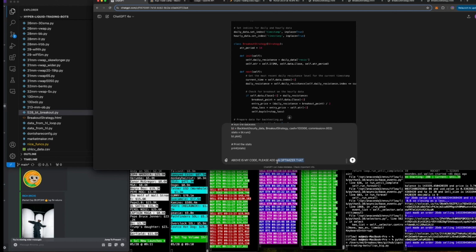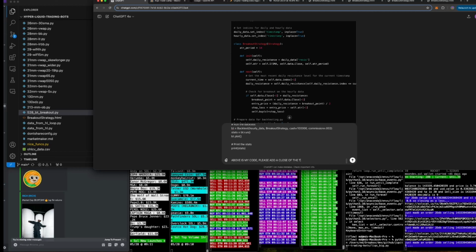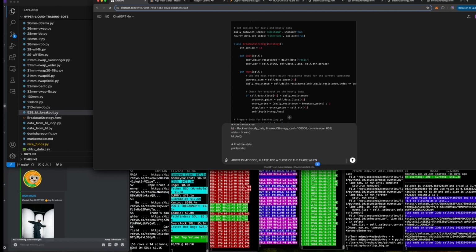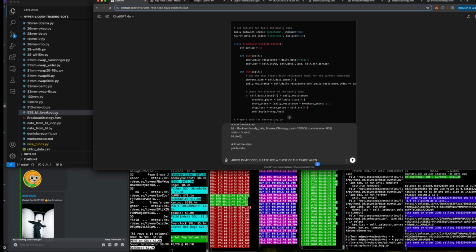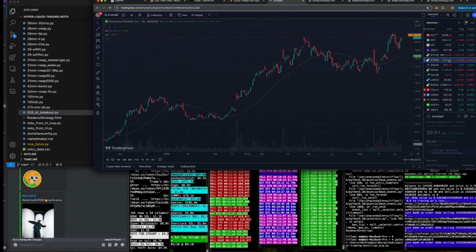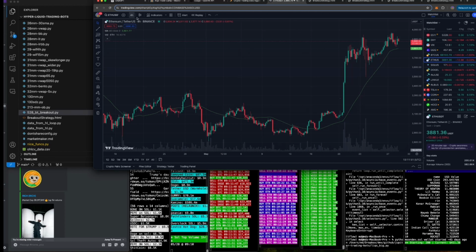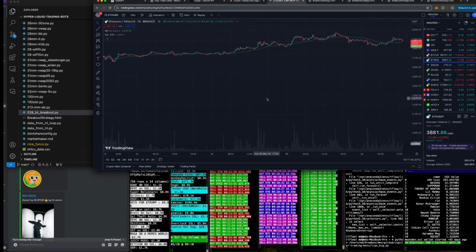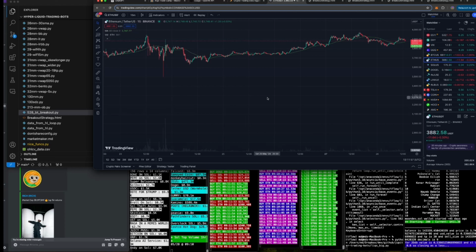Please add a take profit, add a close of the trade when... let's just go raw dog it a little bit. Doesn't matter what token. Really doesn't.